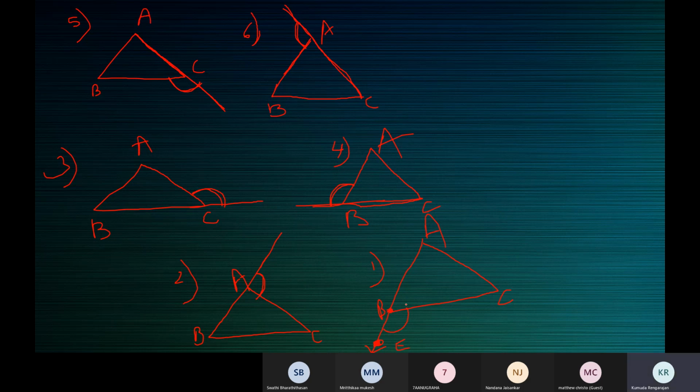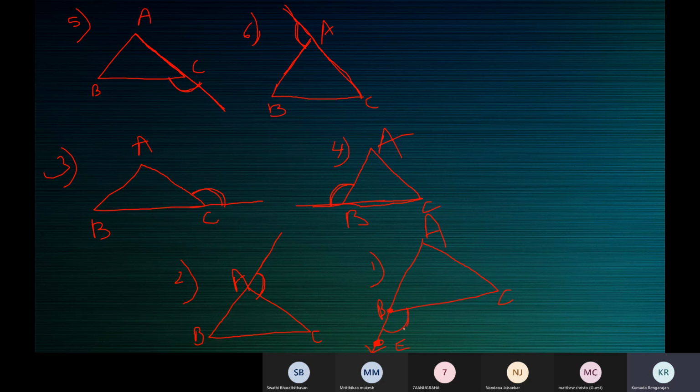If we are referring to the interior angle B in figure 1, we must say ABC or CBA.